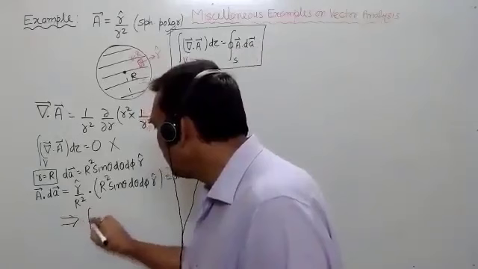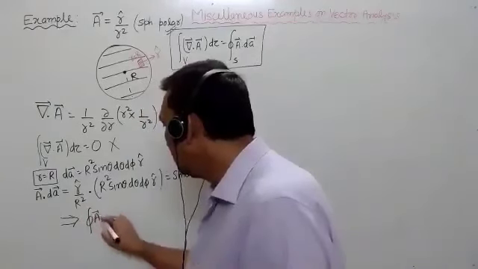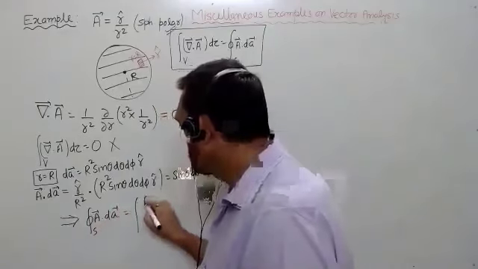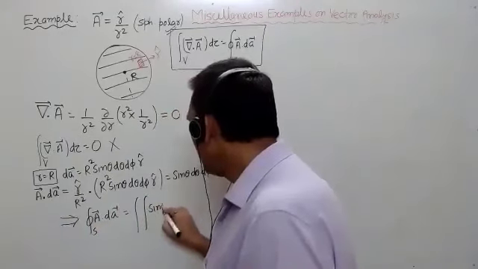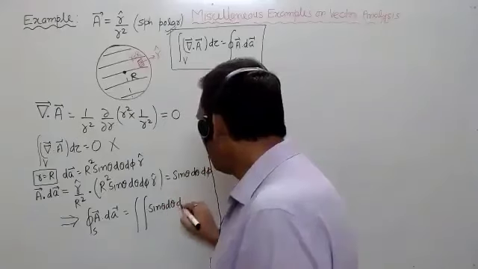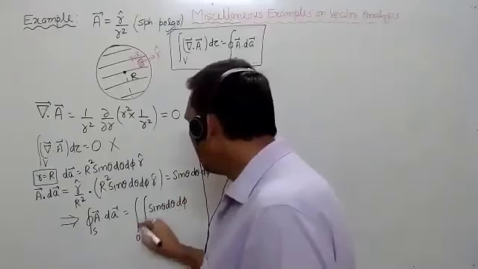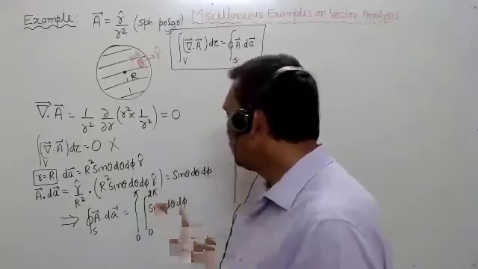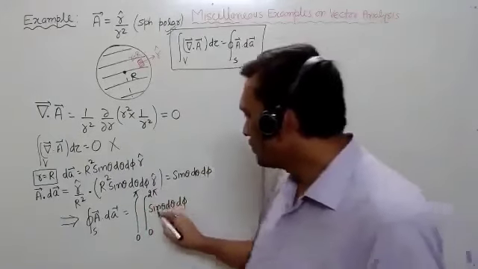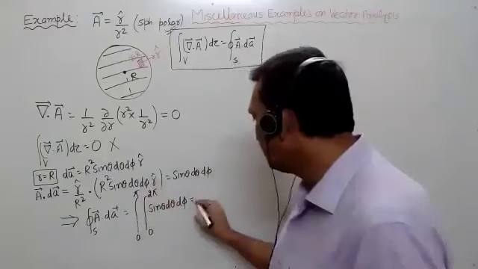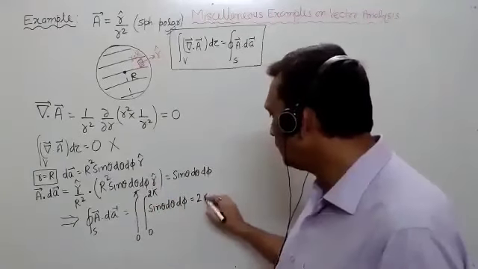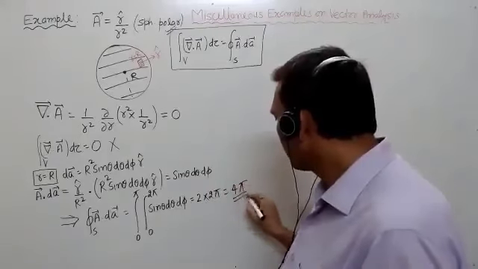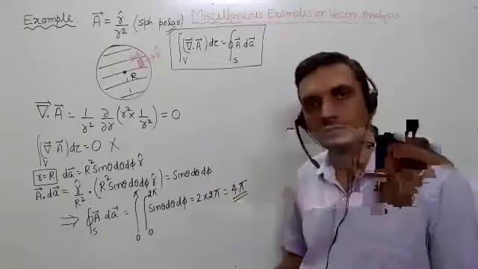So this will give you closed A dot dA is integral of sin theta d theta d phi. Theta will be 0 to pi and phi will be 0 to 2 pi. So sin theta d theta 0 to pi will give you 2 and d phi will give you 2 pi. So you can see this is 4 pi.